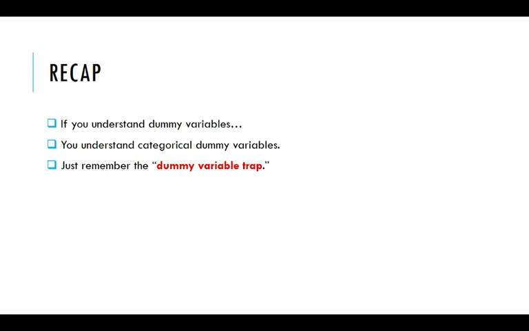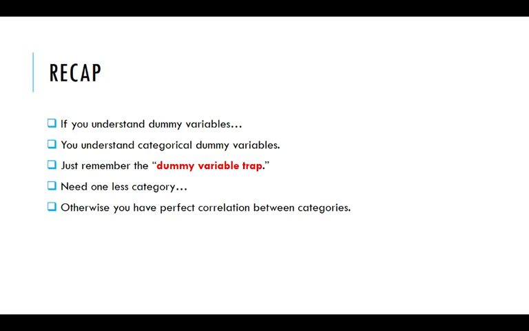Remember what is called the dummy variable trap. The dummy variable trap is that you always have to have one less category, right? For male and female, we just used one dummy variable, one less category. For marital status, we had one less category. Otherwise, you have perfect correlation between categories, and it's not going to work.